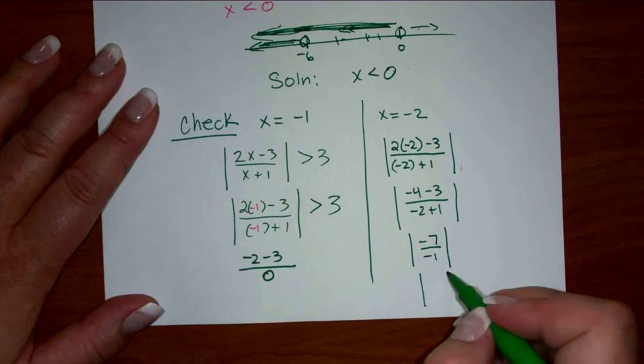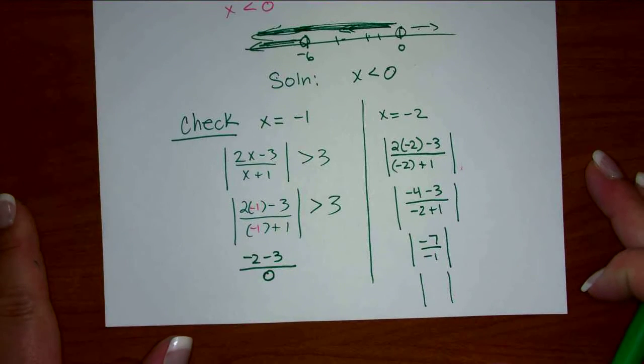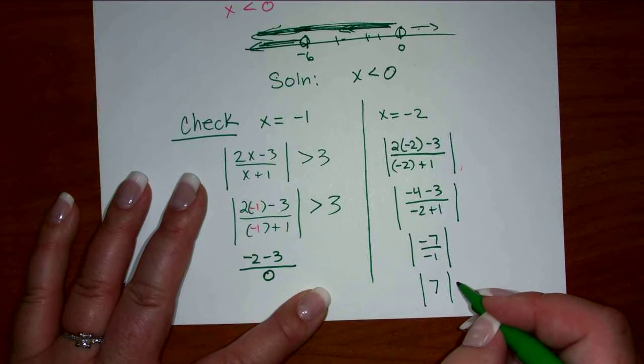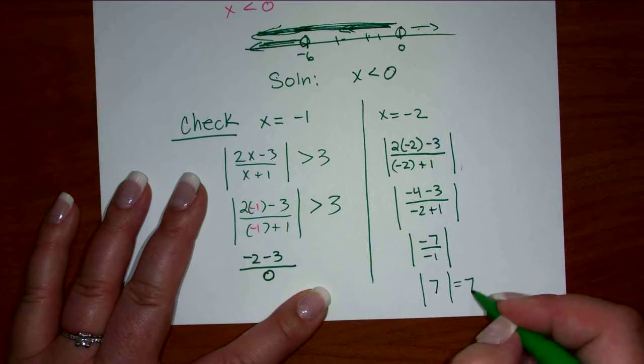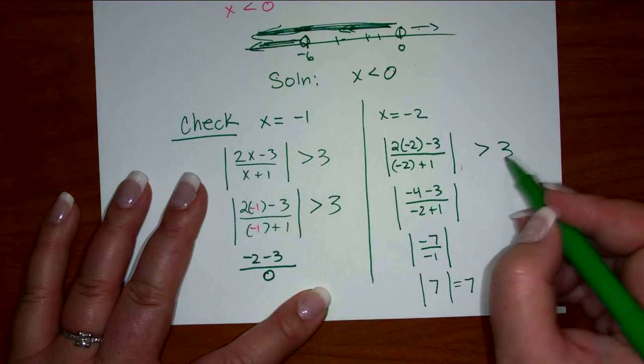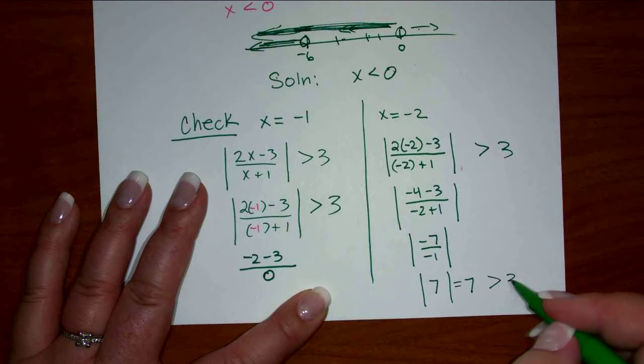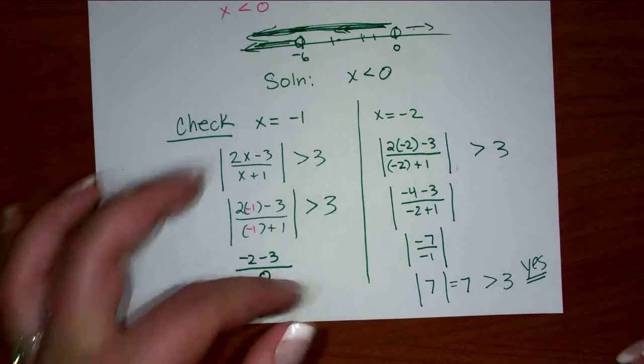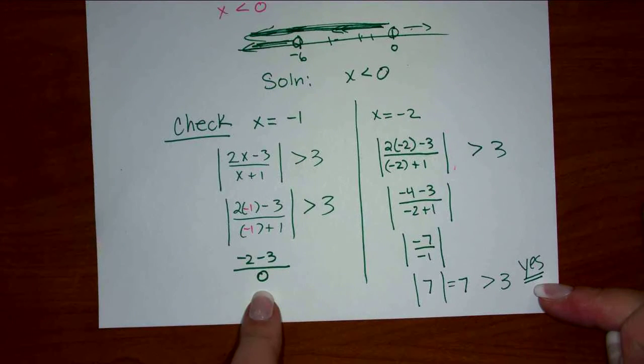What's -7 divided by -1? 7. And what's the absolute value of 7? It's also 7. And we wanted to know if it was greater than 3. Is that greater than 3? Okay, so that worked. The -1 didn't.